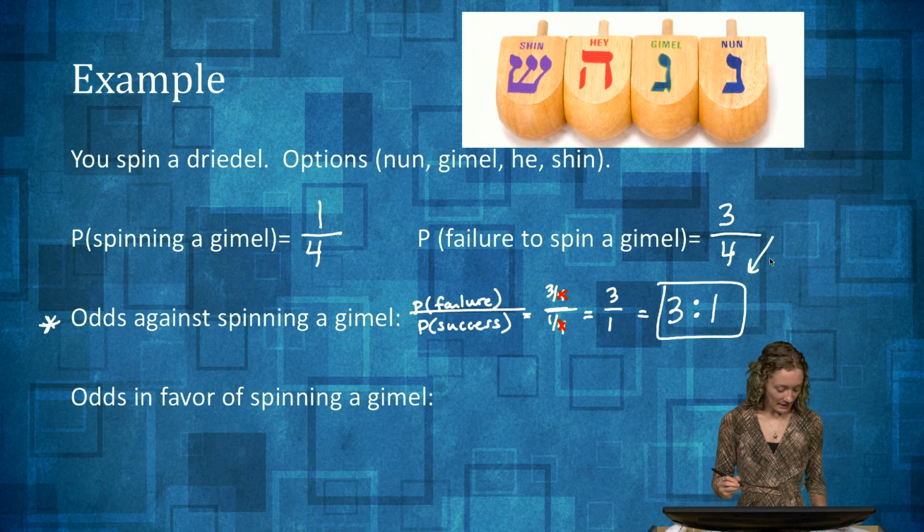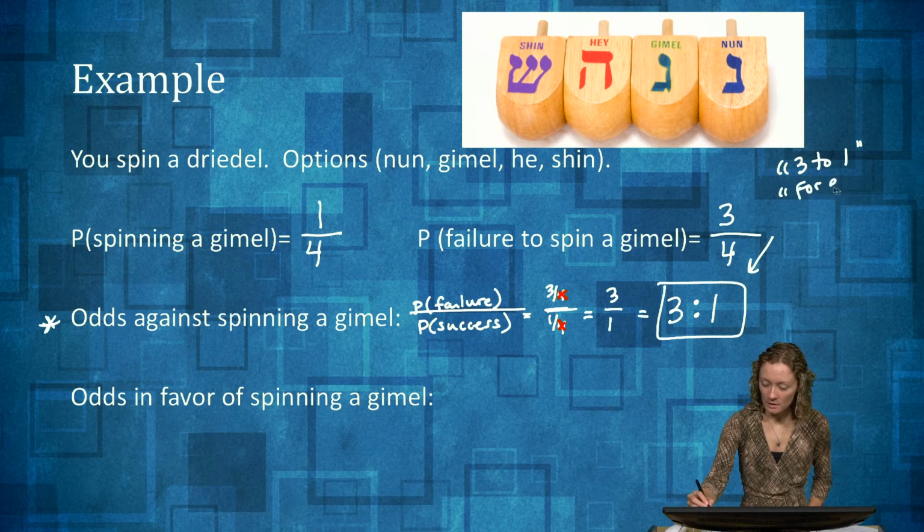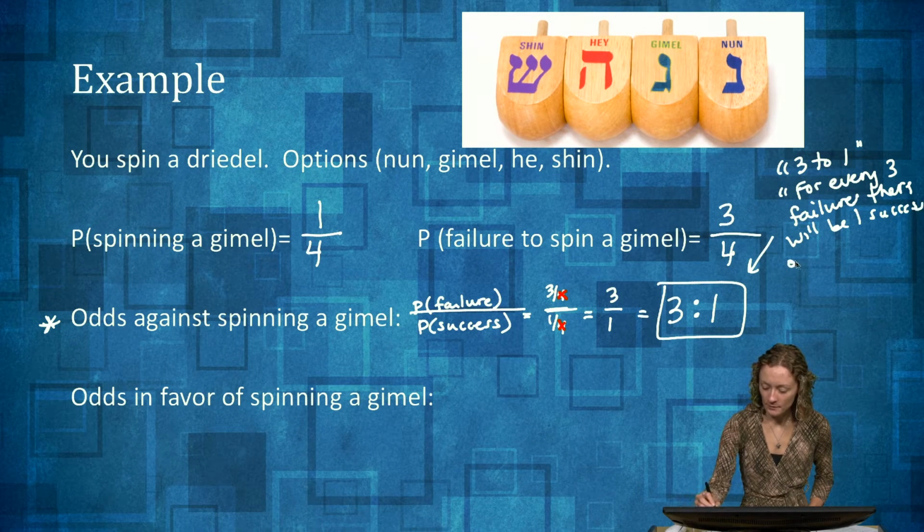And what that exactly means, this is how you read it: 3 to 1 means for every 3 failures, there will be 1 success of the event, which in this case is spinning a gimel.